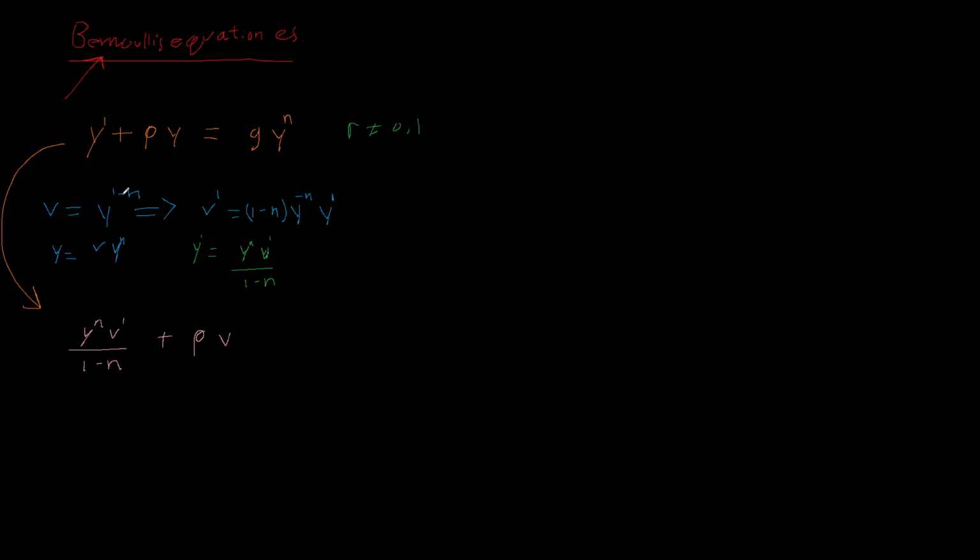Because if you divide by negative n, that's multiplying by y to the power of n on both sides to get rid of that.